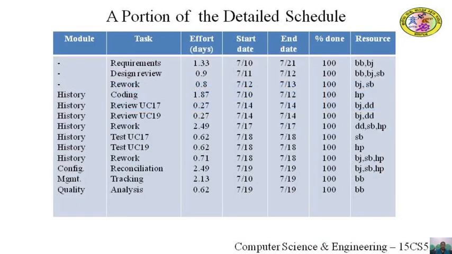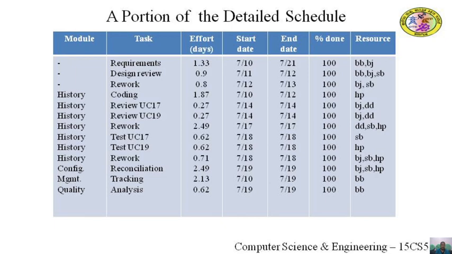A part of the detailed schedule is shown in the table here. As you can see, for the construction iteration 1 phase of the project, the table represents the schedulable activities.